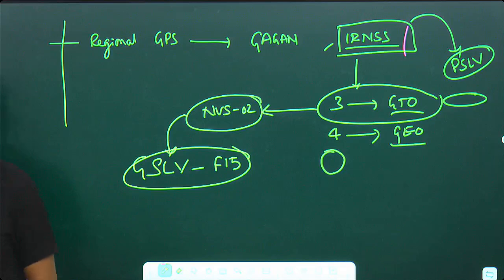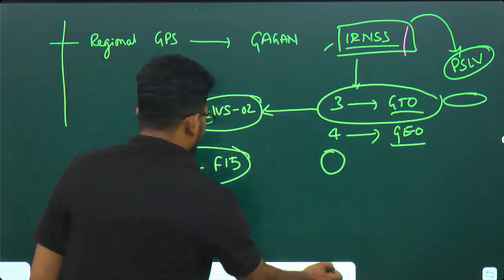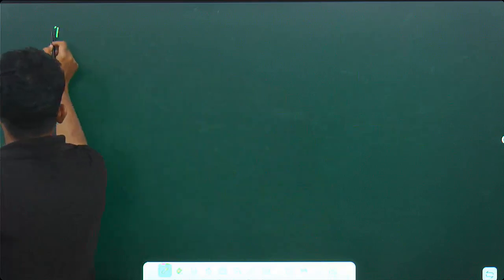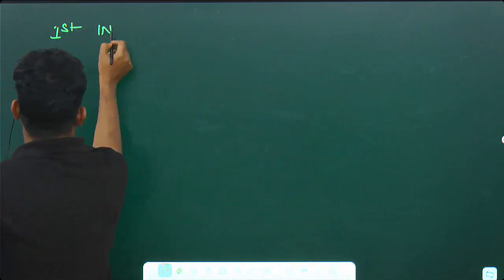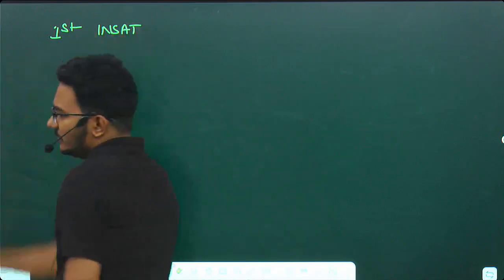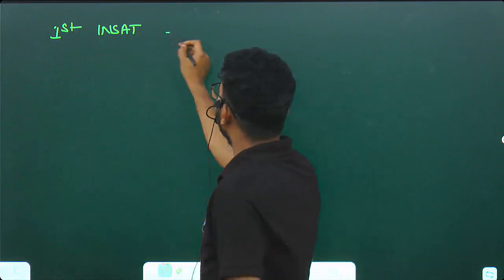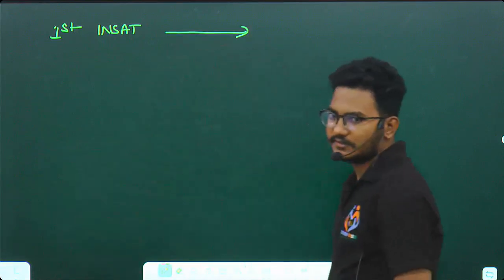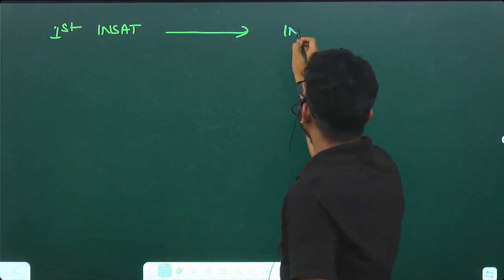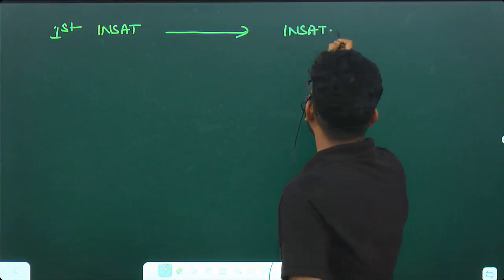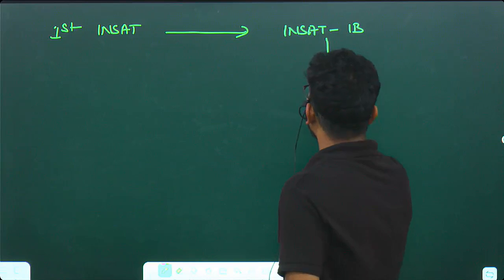Now, the first INSAT series of satellite, which is INSAT 1B, in 1983.